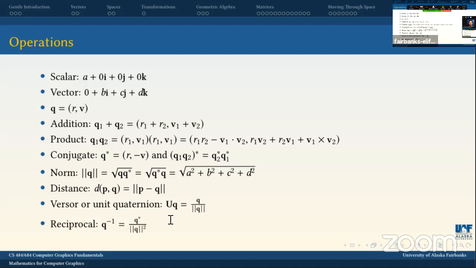And then the reciprocal is like taking the inverse of a matrix, if you will. The reciprocal is the conjugate divided by the norm squared. It's going to be interesting to see how these quaternions work, because it's representing matrix mathematics in a certain sense.